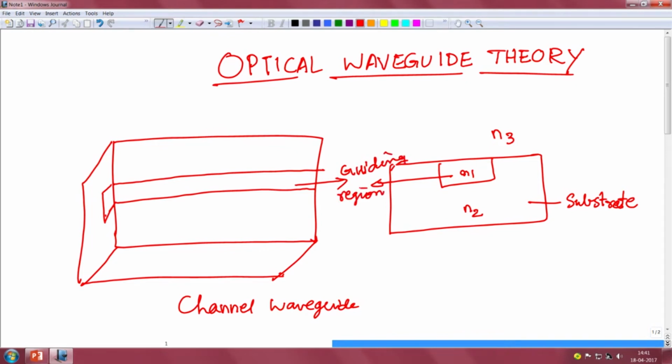And of course, the cover or air. So, this is called a channel waveguide. Typically, this can be formed on a glass substrate by ion exchange into it. As you know, the typical glass consists of sodium ions. You can exchange sodium ions with silver ions to create higher refractive index.